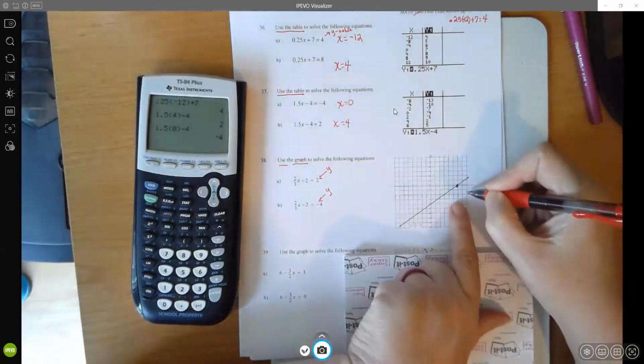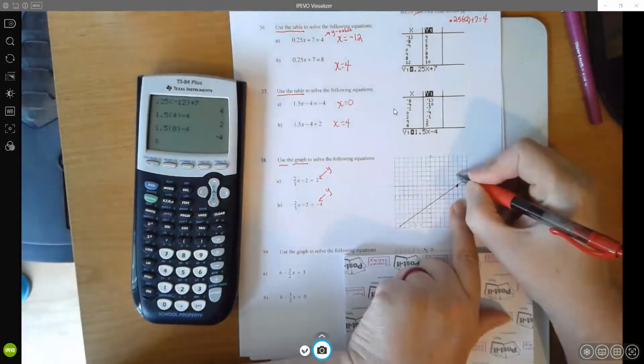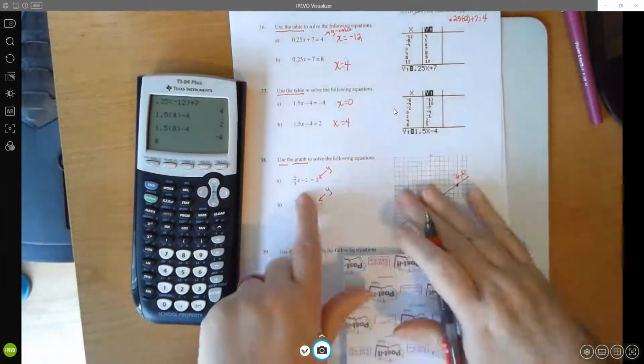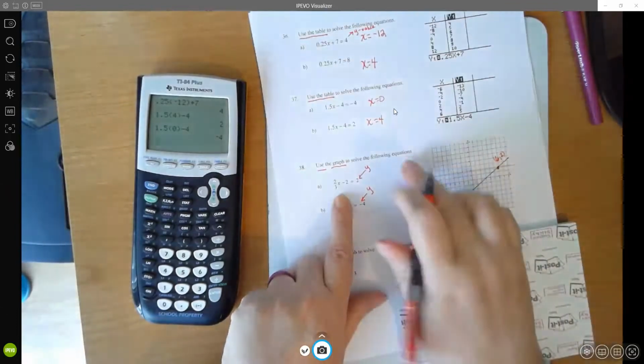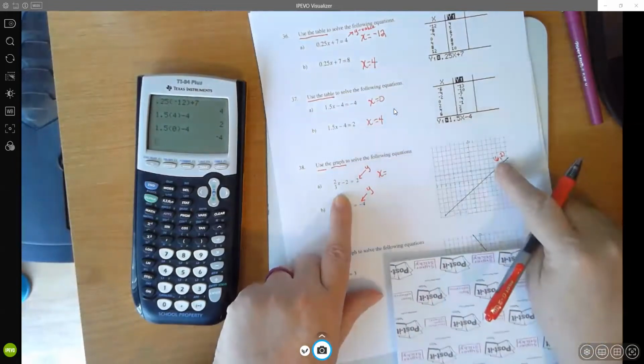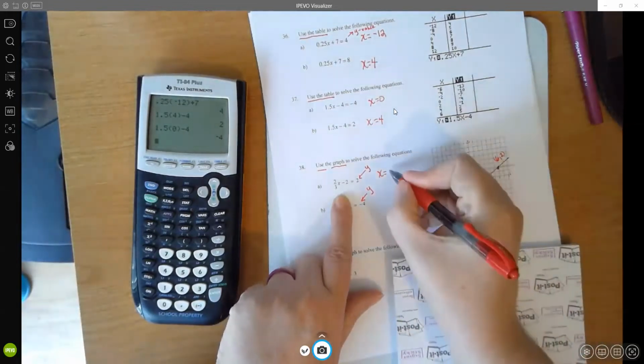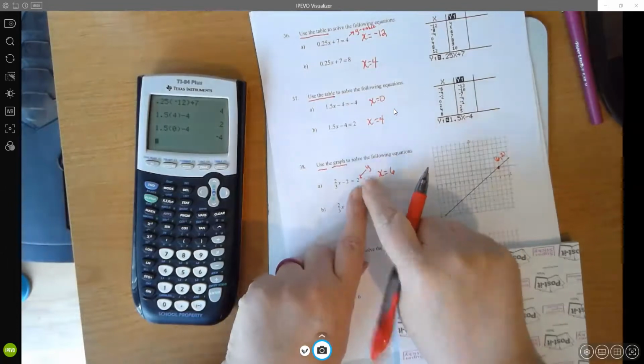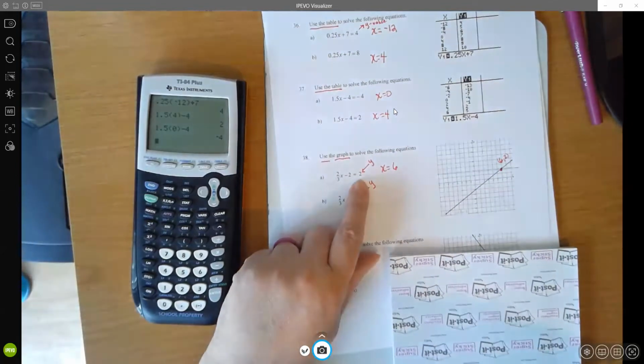Well, that's the ordered pair 6, 2. And since I'm trying to solve the equation, that means my answer should be x equals something. So my answer should be the 6 part of that, and then that's the y part of that. That's what it's asking for.